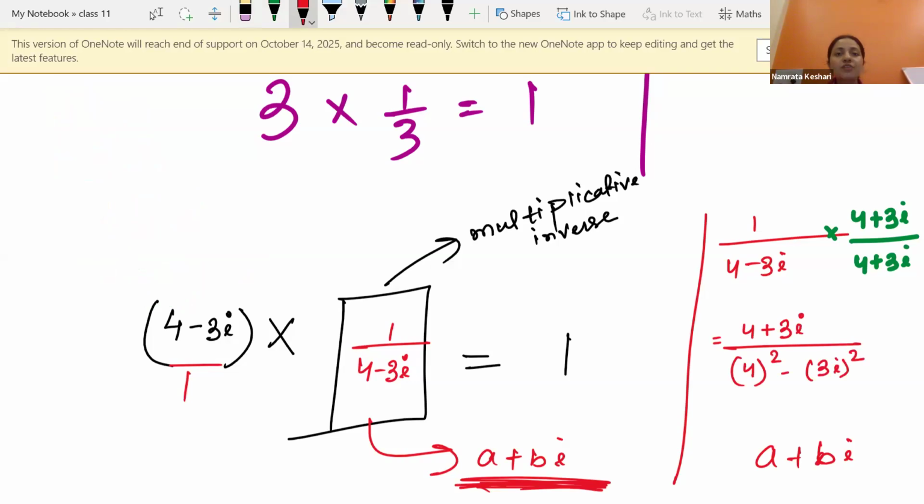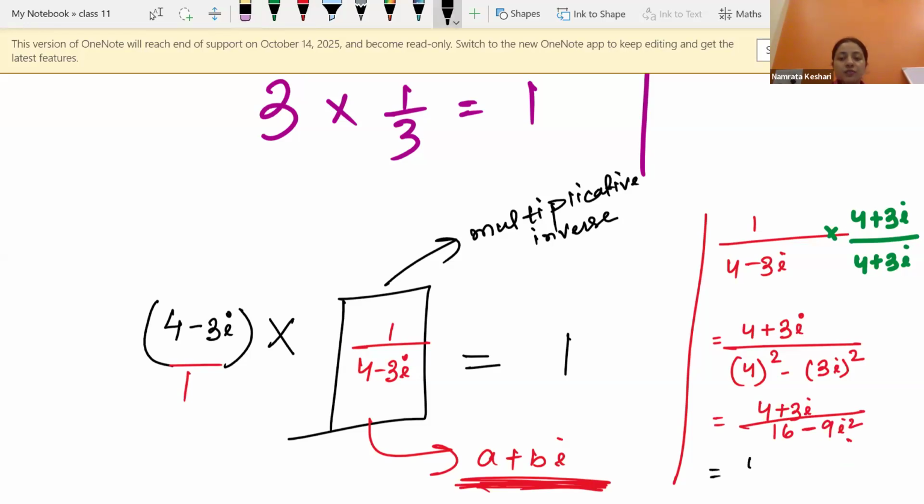Our purpose was to write it in a standard form, that is a plus bi. We were trying to write our answer 1 by 4 minus 3i in standard form, and that's what we are doing. In the numerator it will be 4 plus 3i, and in the denominator it will be 4 squared, 16, minus 9i square. Wherever we have i square, we quickly put the value minus 1.